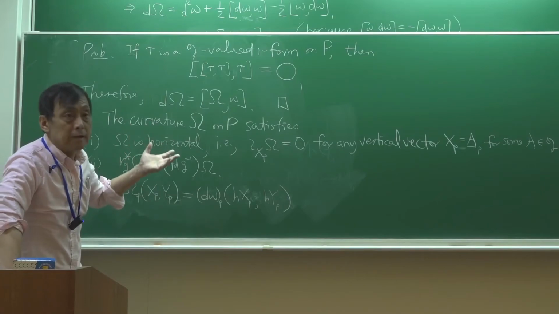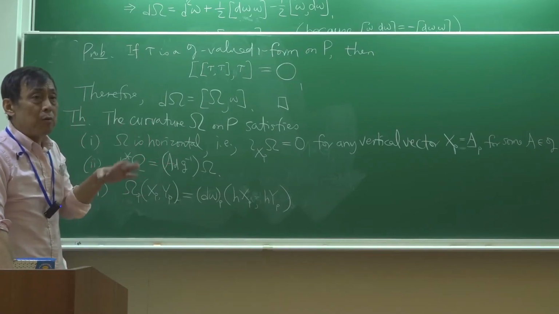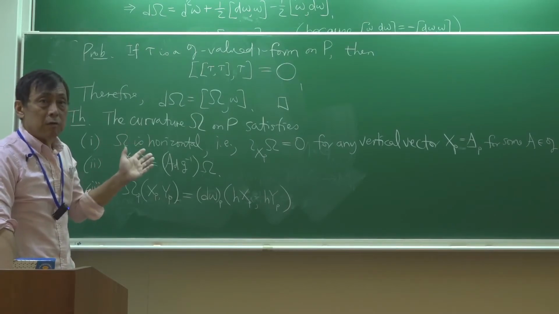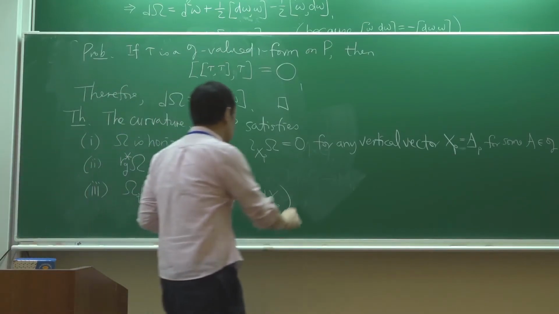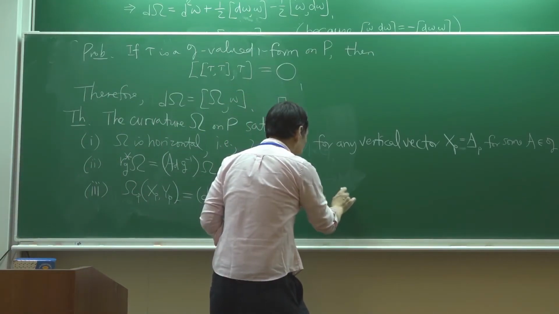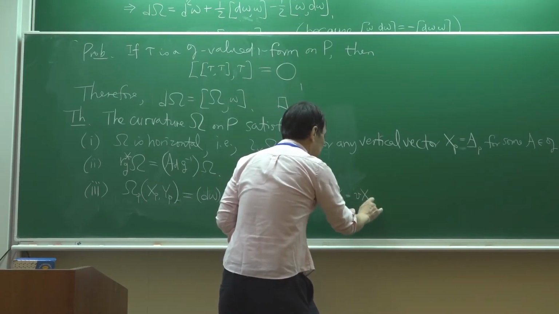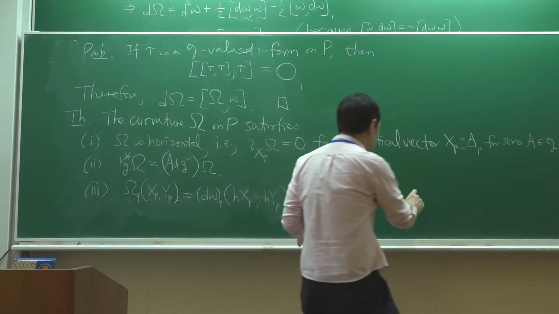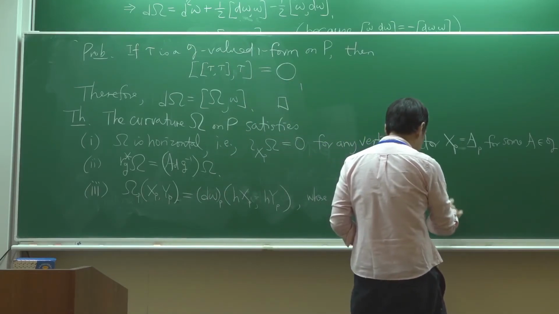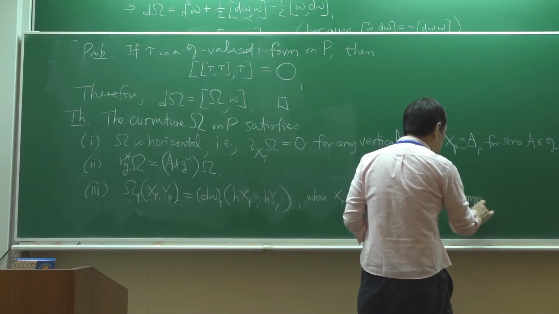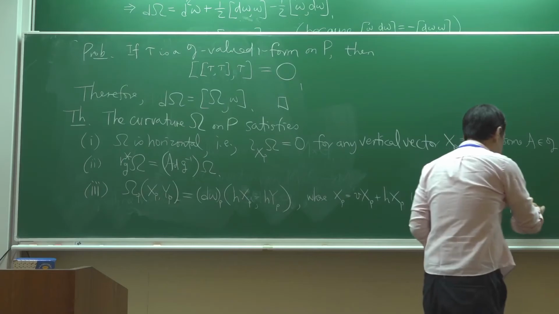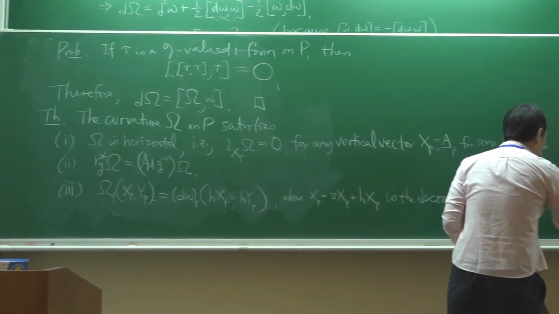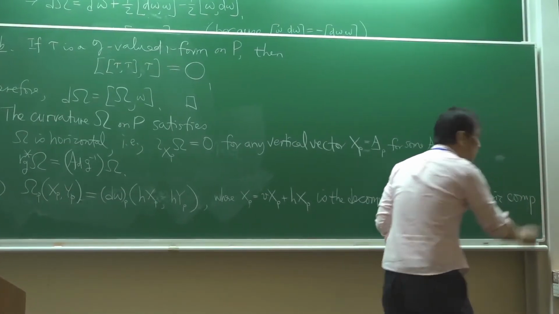You see, once you have a connection, then you can decompose any tangent vector into a vertical component and a horizontal component, where Xp equals vXp plus hXp is the decomposition of Xp into vertical and horizontal components.